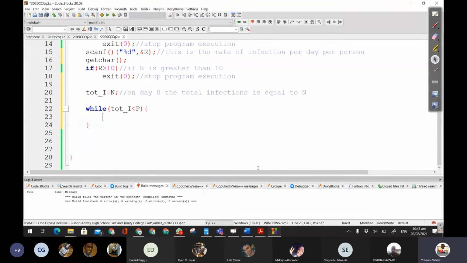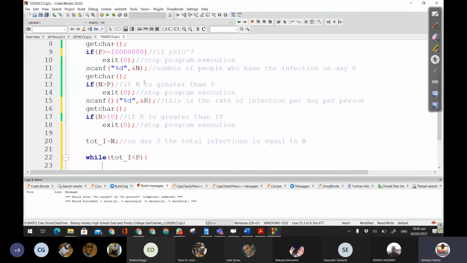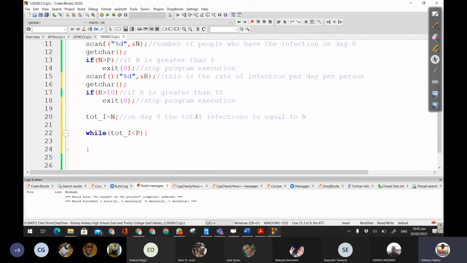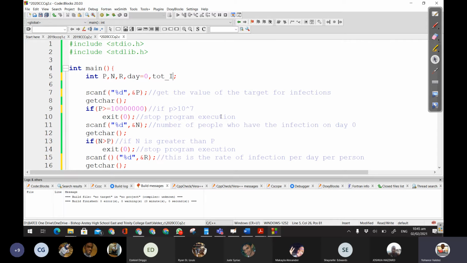That n value will infect a new amount of people, right? So we have the number of people who have the infection multiplied by the number of people who could be infected every day. That's n multiplied by r, right? So we have n multiplied by r being added to the infections daily, right? So we can name this new_infections.